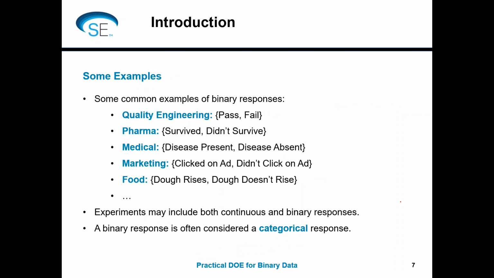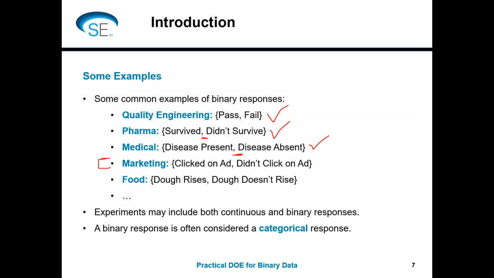So here are some examples that you might run into. In quality engineering, we have pass-fail data all the time. In pharma, a patient either survived or didn't survive. There's nothing in between here. You can measure whether after some treatment a disease is present or absent. Again, there's nothing in between.